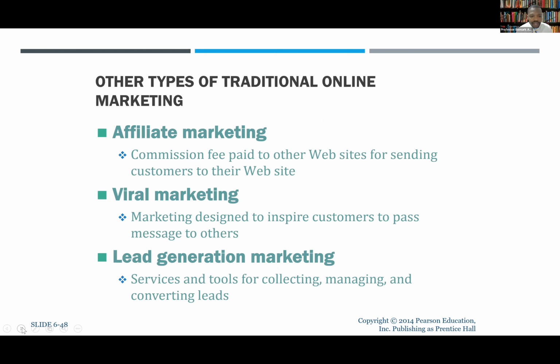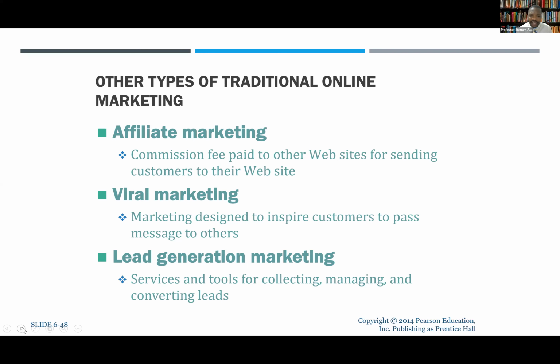So we also have what we call other types of traditional online marketing. We have affiliate marketing, viral marketing, and lead generation marketing, which all enhance your e-commerce experience. Commission fee is paid to other websites for sending customers to their website, which many times, if they make a sale, you get a percentage of the sale.